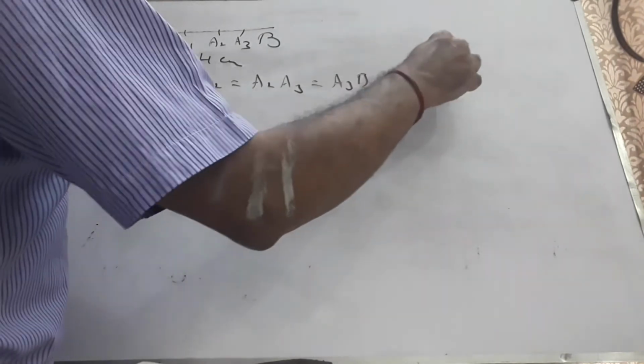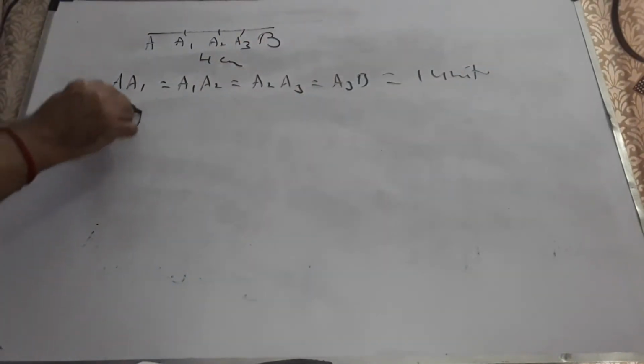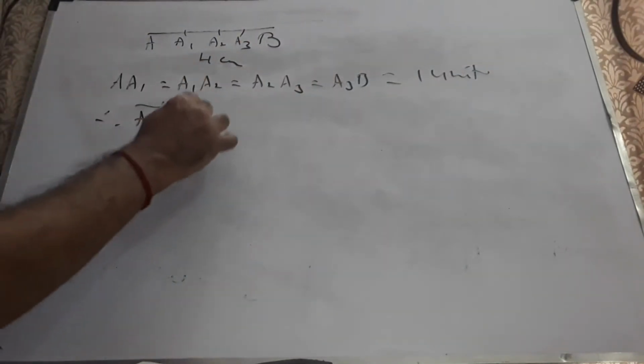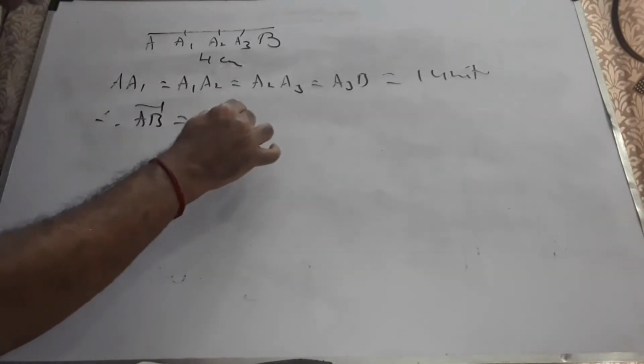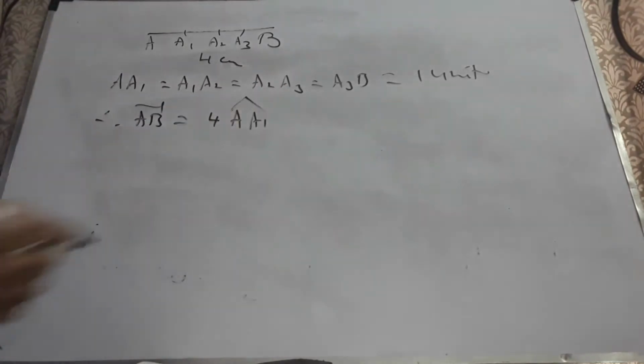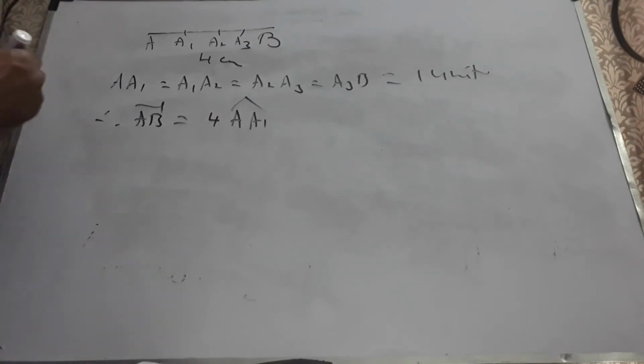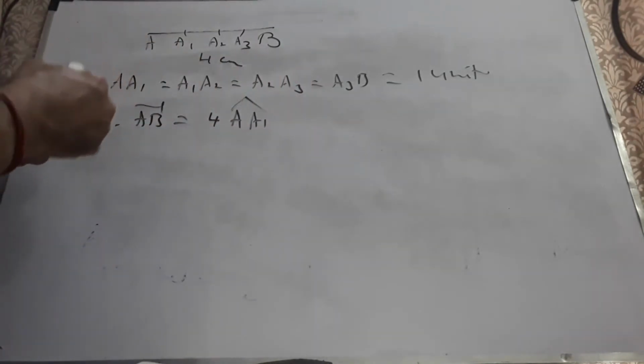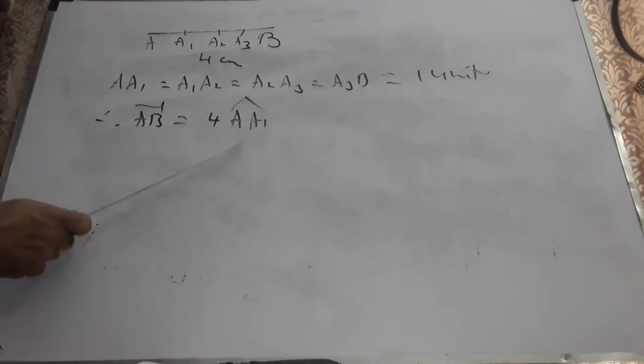It will be divided into 4 equal parts. Each is equal to 1 unit. This is always possible. Therefore, AB vector can be written as 4 into A1 cap, the unit vector along the same direction. Or you can even write 4 AB cap, that is also correct. A1 would be meaningful as far as I am concerned.